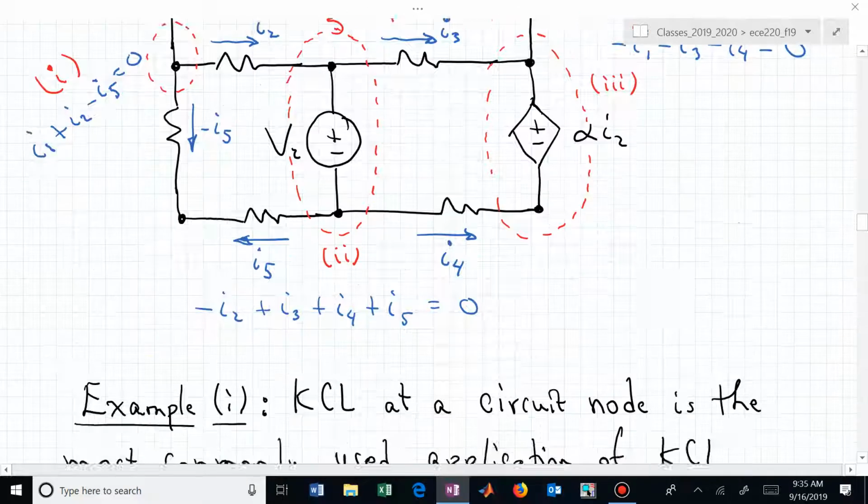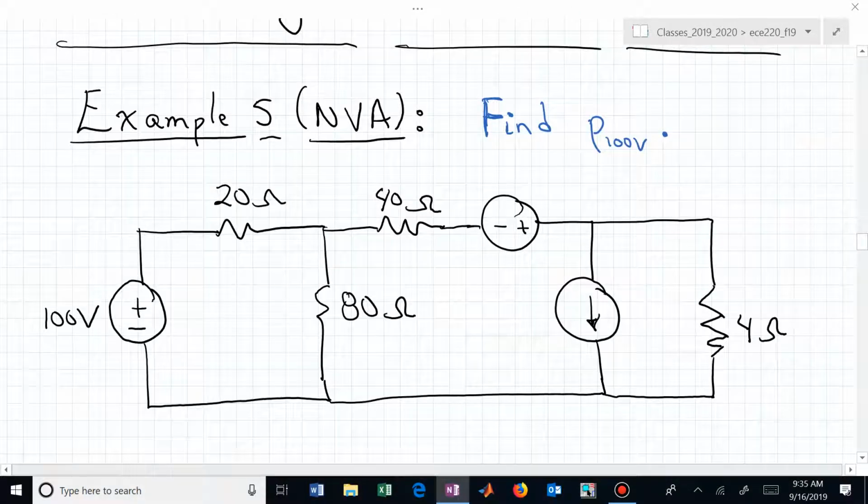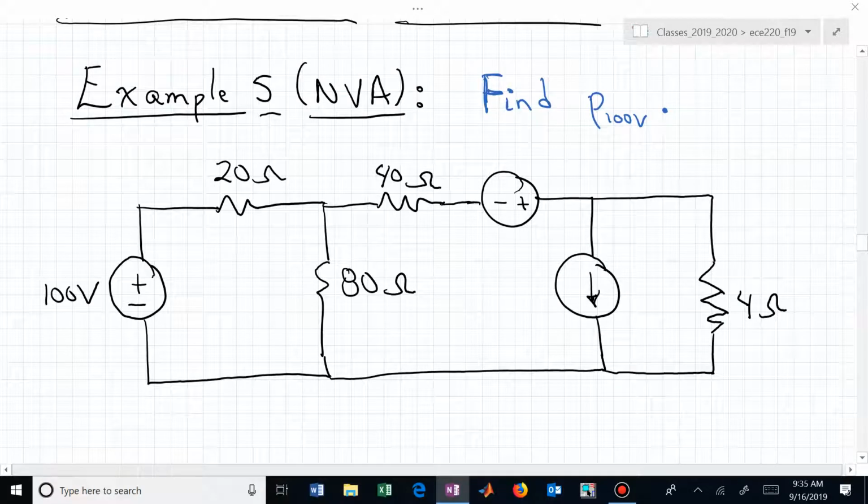Let's practice that. Suppose now somebody's given you this circuit and they say find the power associated with the 100 volt source. And I have this 62 volt independent voltage source.